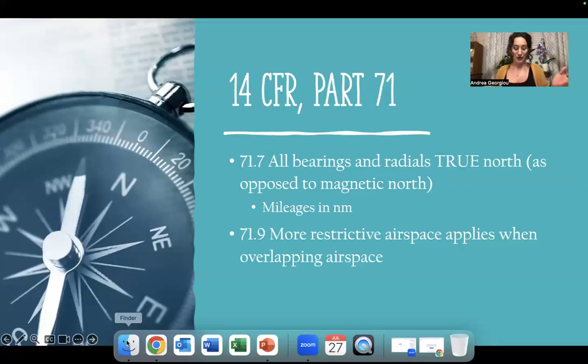Then it goes on to say, for example, B1, Class A airspace is more restrictive than, and it lists everything: B, C, D, E, or G. Then Class B, then C, then D, and then E. And then G is the last. It's not restrictive, it's uncontrolled. So we're going to talk about controlled airspace, uncontrolled airspace, special use airspace, and then other.